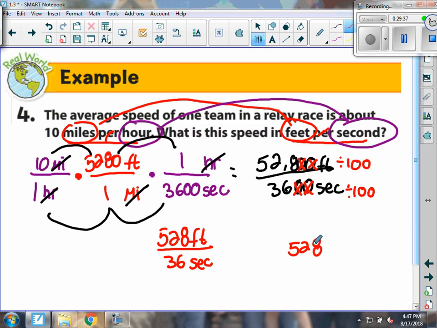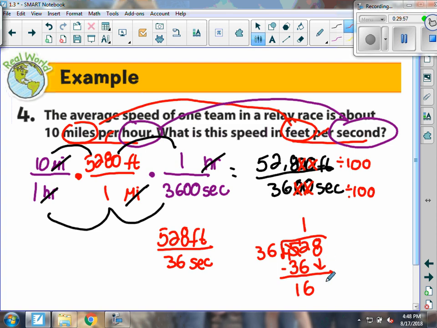I'm going to set this up: 528 divided by 36. 36 goes into 52 one time. I'm going to subtract 36. I'm going to have to carry my 1. 12 minus 6 is 6. 4 minus 3 is 1.